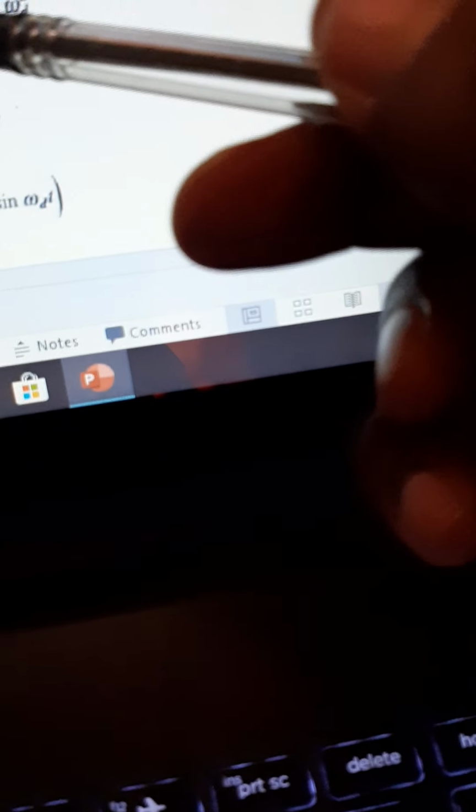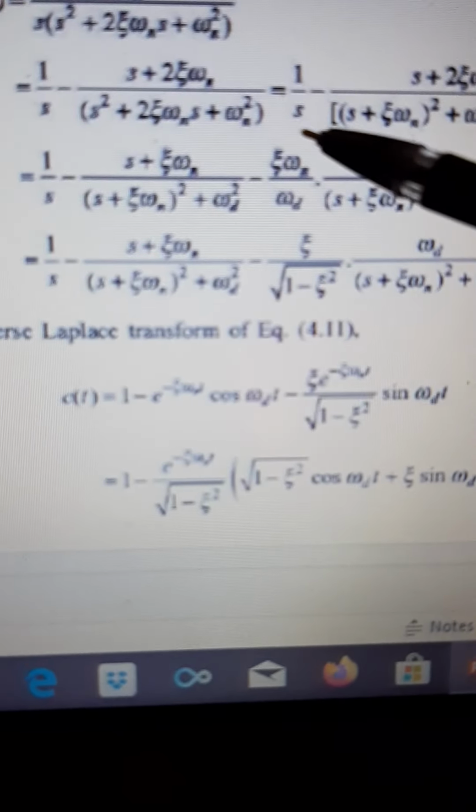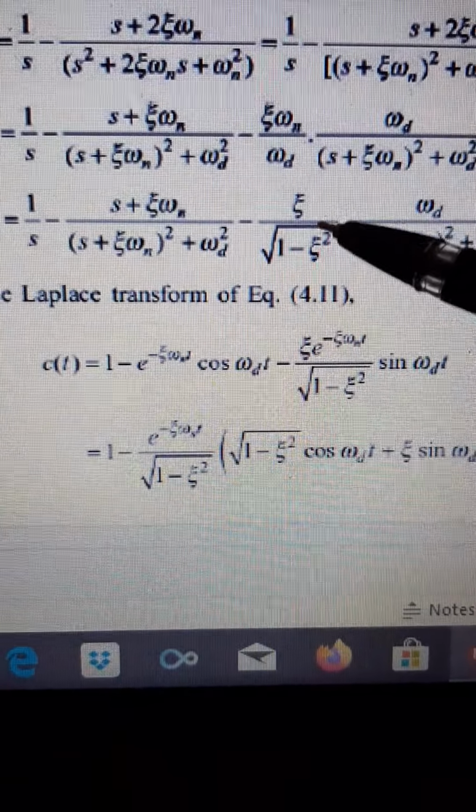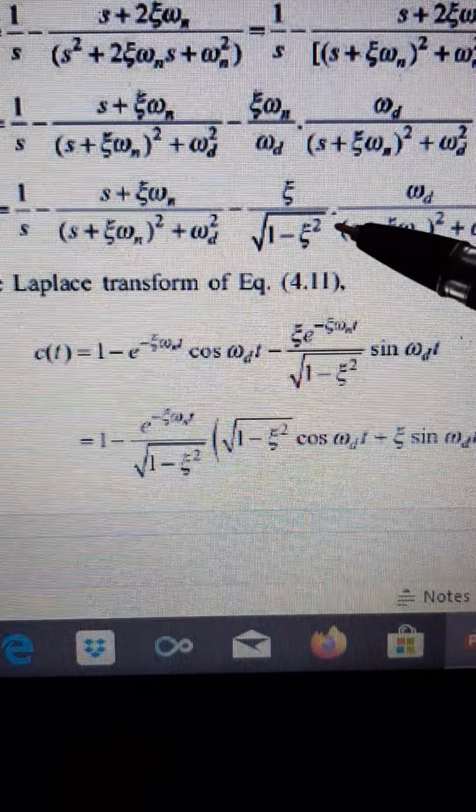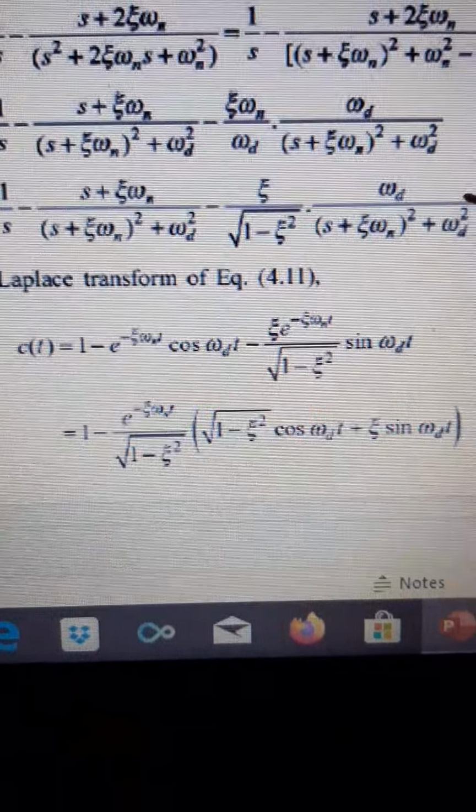That is happening here, eta as it is. But how is this square root of 1 minus eta square coming?